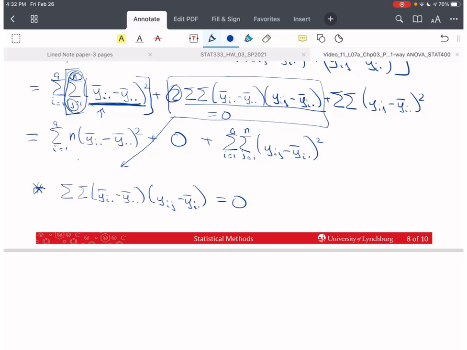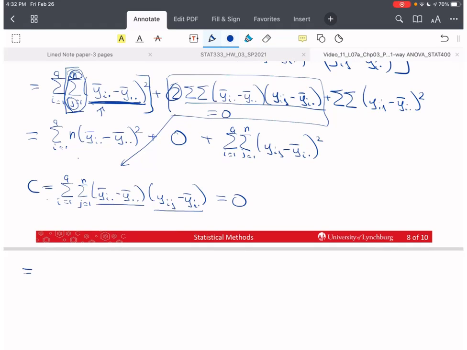Now this is j equals 1 to n. This is i equals 1 to a. The first thing I do is I look over here. This one has both an i and a j in it. I can't do anything with that. But this one has only an i. So what I can do, I'm going to call this C for center.